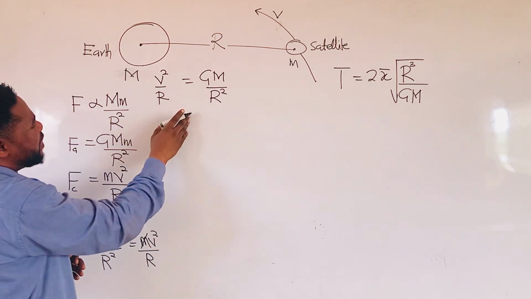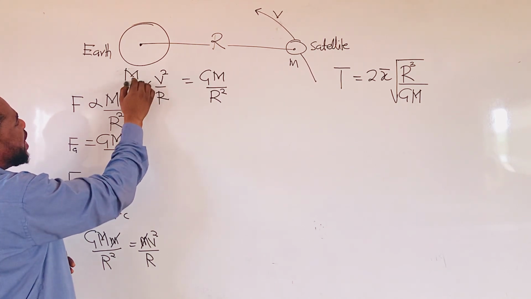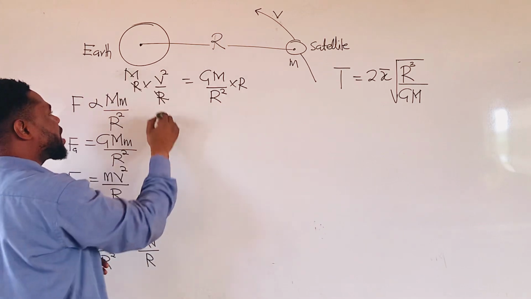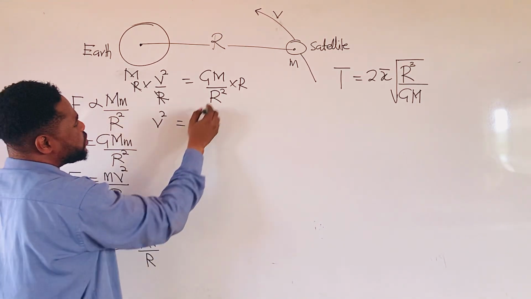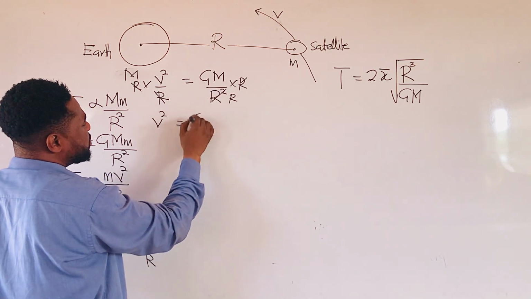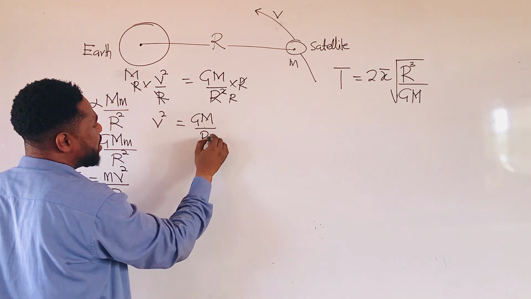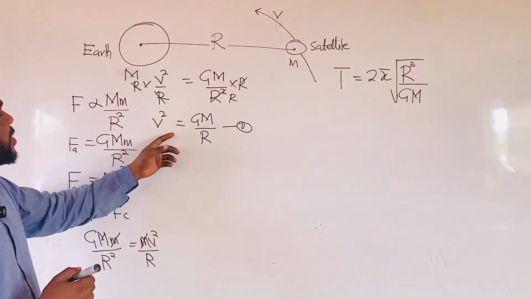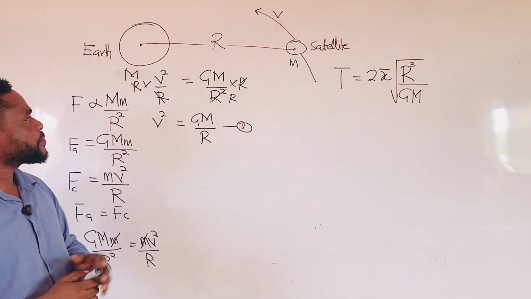Viewers, what we have here, we multiply both sides by r, and this will cancel this, and we have v squared equal to, this will cancel this, we are going to have r, so we have big G, big M, all divided by r. And we name this equation 1, viewers. So v squared equal to GM all divided by r.